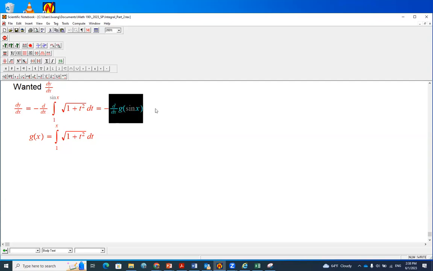Do we know how to take a derivative of g of sine x? Of course. We use the chain rule. So we take this piece and we change this to u, and du multiply du dx. U is sine x. So now this piece is g prime u multiply cosine x.